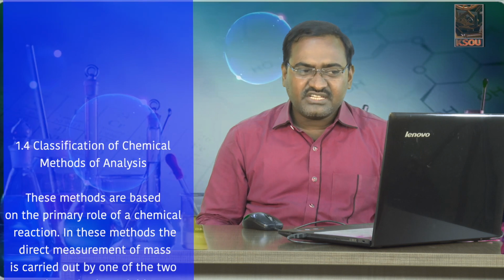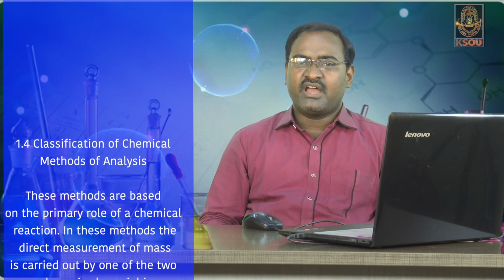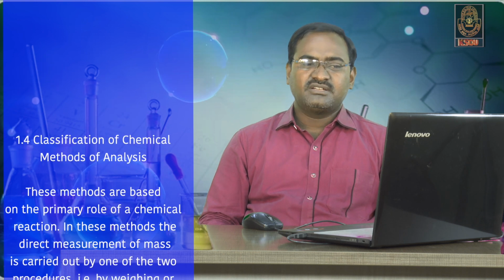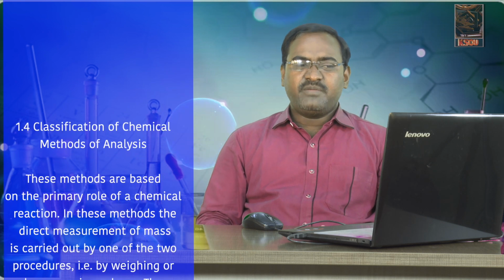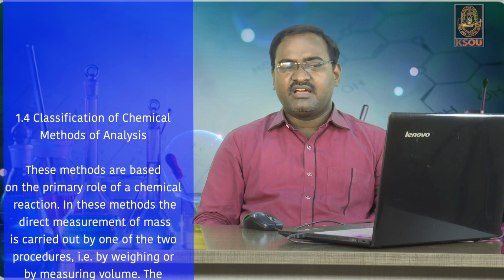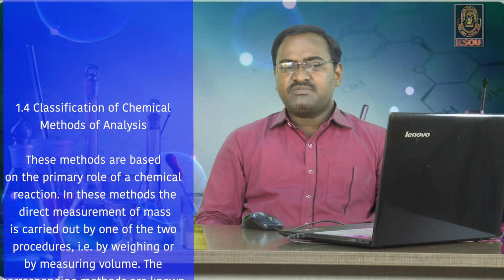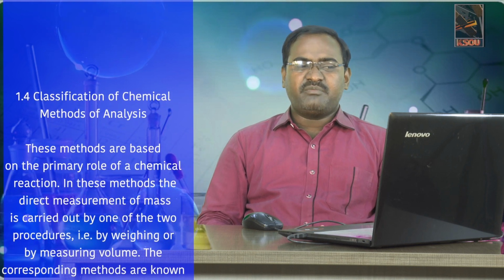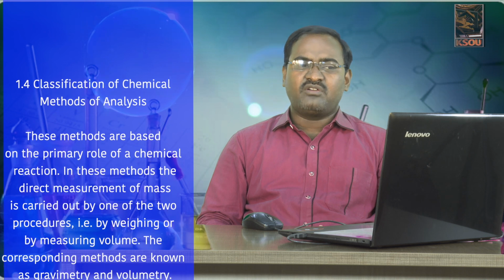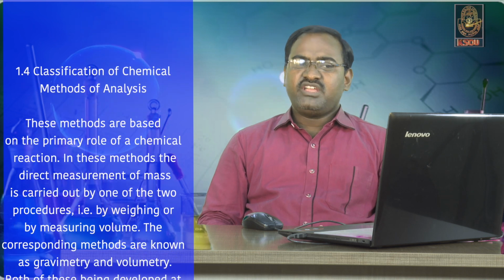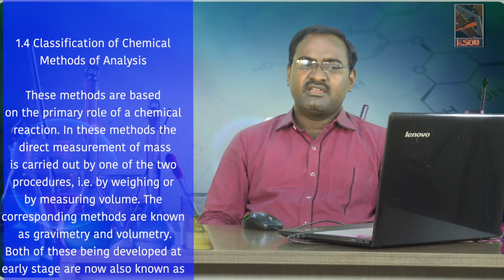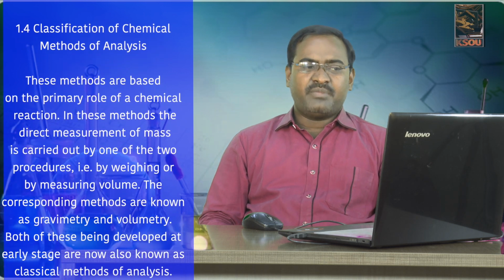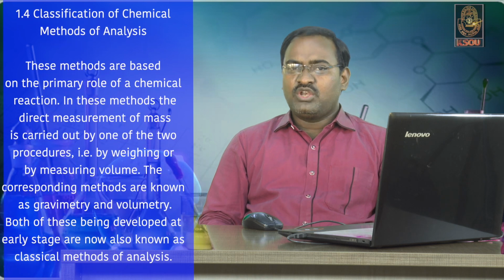The classification of chemical methods of analysis. These methods are based on the primary rule of chemical reactions. In these methods, the direct measurement of mass is carried out by one of two procedures, that is by weighing or by measuring volume.